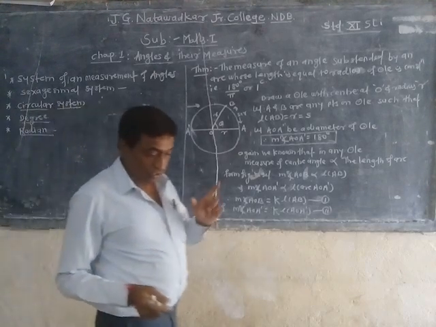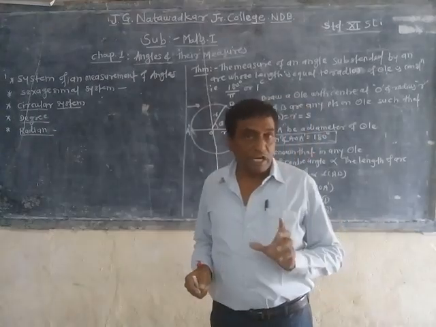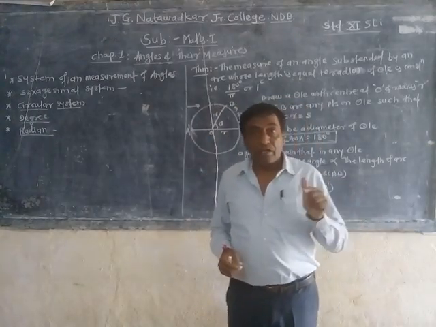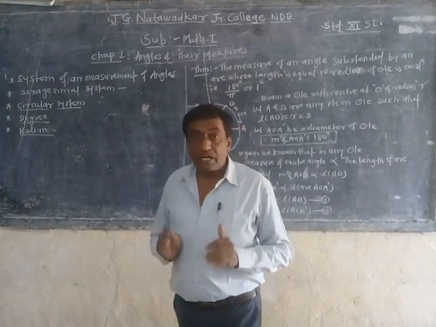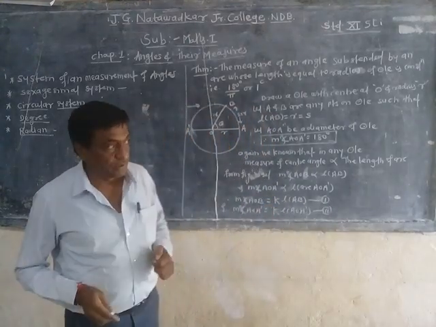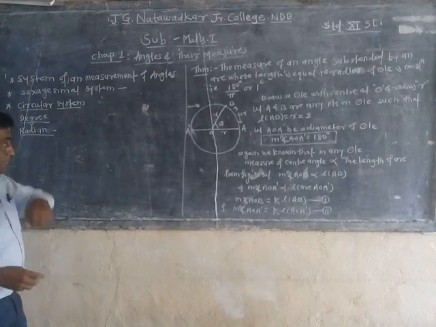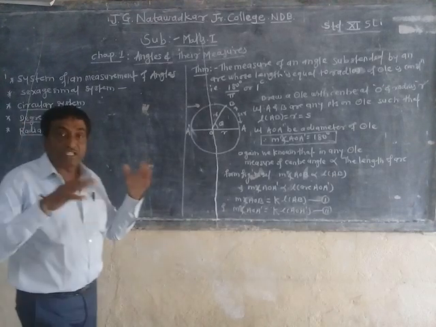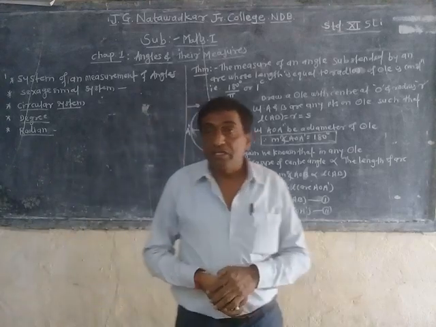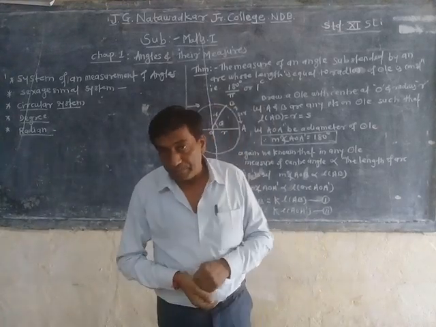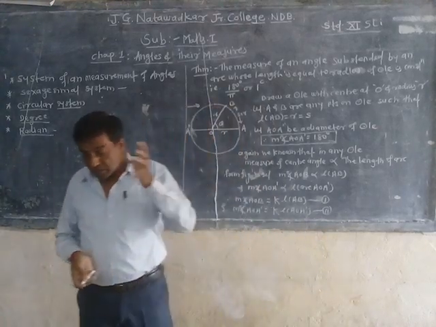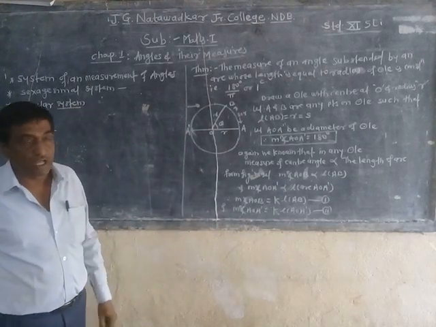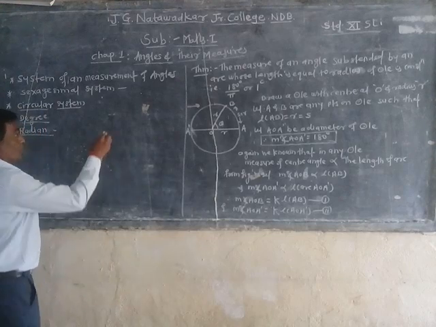So there are two systems, and that's why we get two units, that is, the degree and the radian. First of all, what is meant by a degree? You know that the measurement of a complete circle is 360 degrees, and that circle is divided into equal parts.